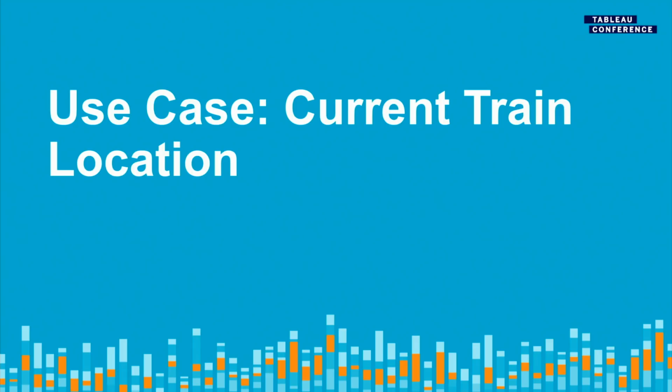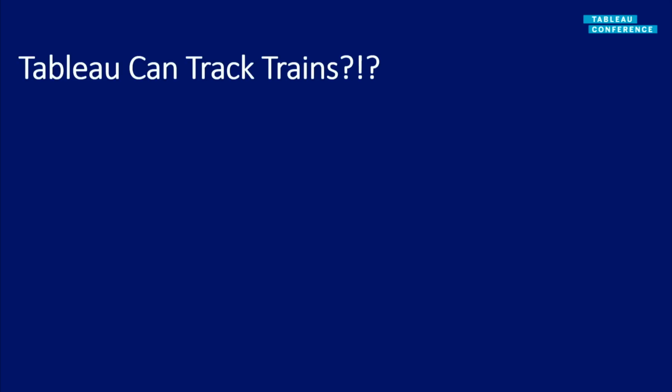And I even had customers ask me about being able to track a plane, of all things, within Tableau. And so where I came up with this example is that, well, if you can track a plane, you probably can track a train as well. And lo and behold, you can actually do that with Tableau. I know when I was working with Joel, Joel's reaction was, what?